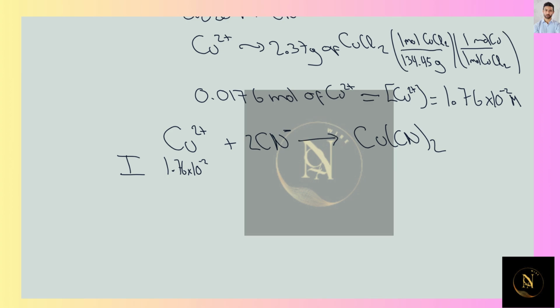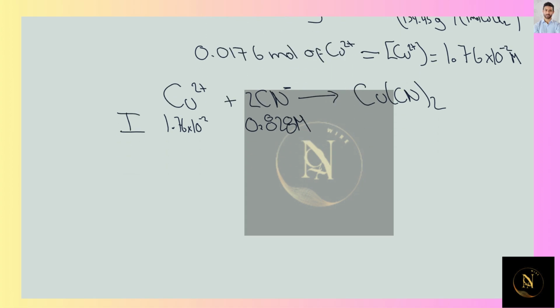The amount of cyanide minus in this case is 0.828. And since we know that the formation constant is very high, we can assume that all of the copper forms into copper cyanide.